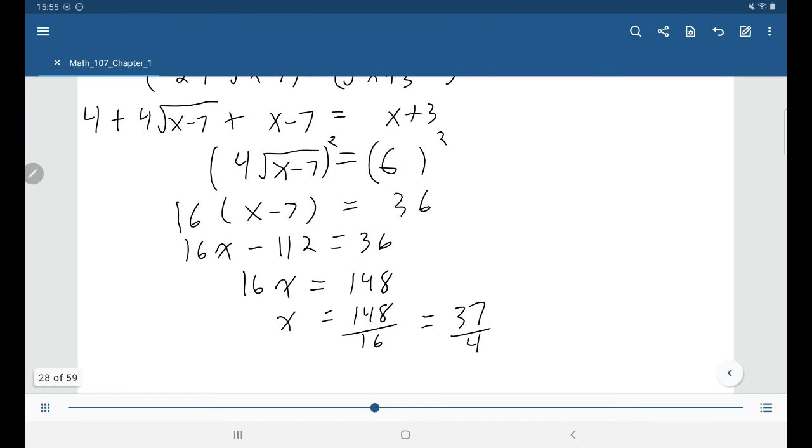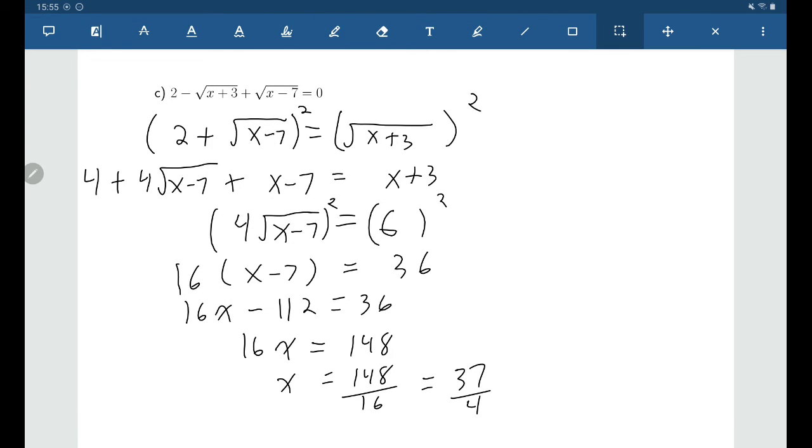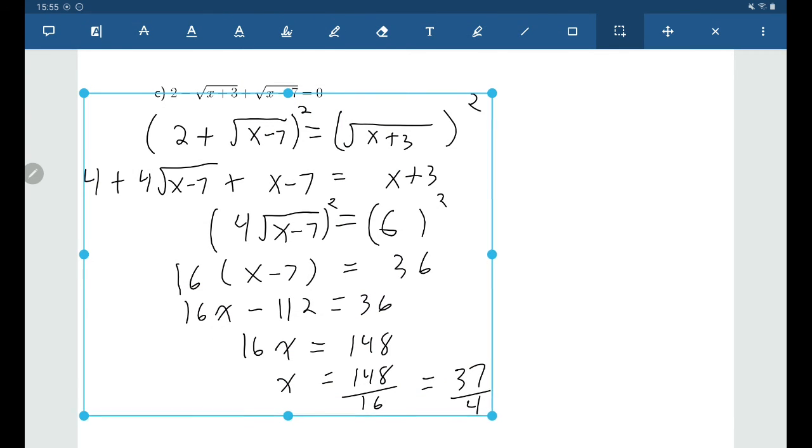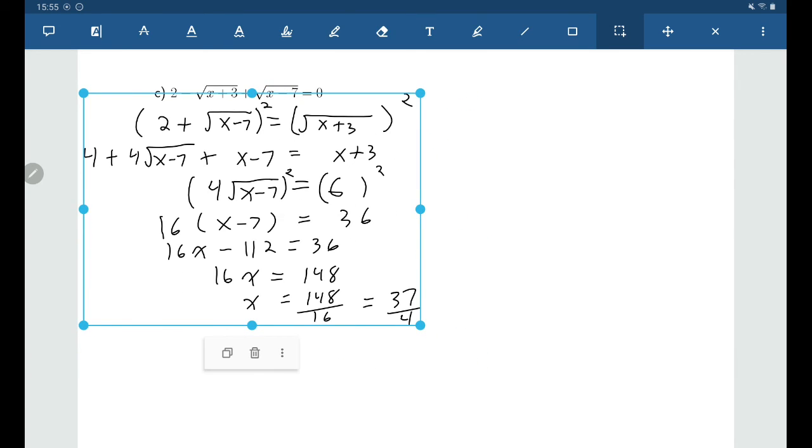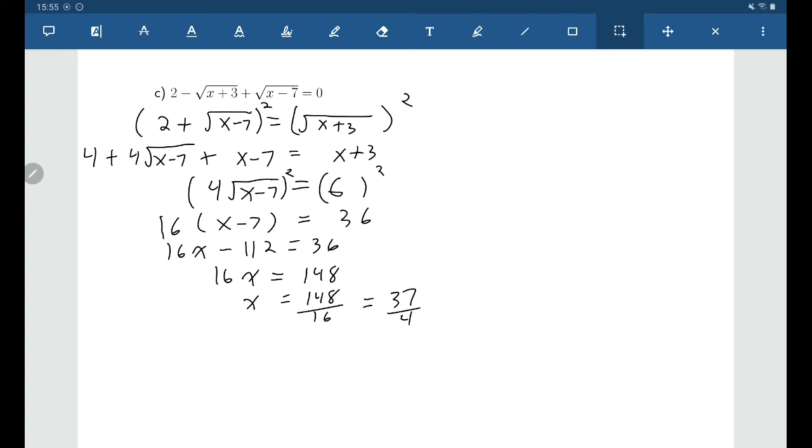Now, you might feel tempted at this point to just move on to the next problem and say, great, we found our solution and that's that. But even though we only found one solution here, there's still not a guarantee that that would solve the original equation. This is what I mean about we definitely need to check our solutions.